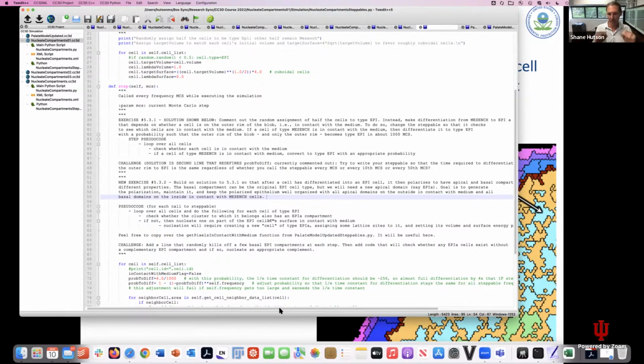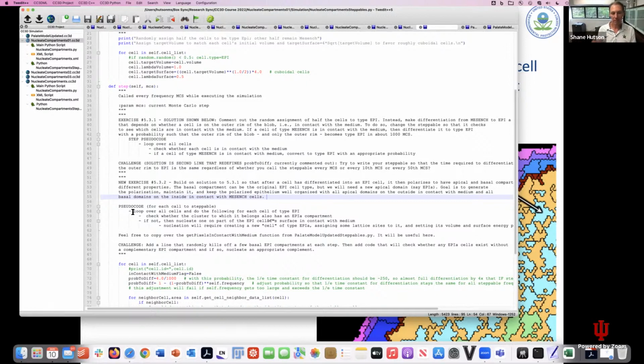So we want to differentiate not just epithelial cells, but how you would have apical and basal parts of those epithelial cells. So sort of the pseudocode to give you an idea of how to think about it, and then we'll get the actual code into it. We want to loop over all the cells. And then if a cell is of type epi, we want to check whether the cluster to which it belongs has an epi-A compartment.